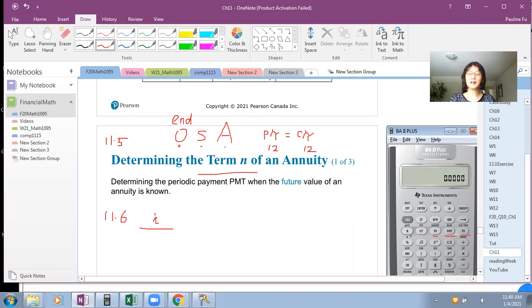In this lecture, we'll calculate term N and periodic interest I. Remember, out of these 5 buttons on your calculator, term N, interest IY, present value PV, payment PMT, future value FV, you need to enter 4 numbers in order to get the 5th number. Okay, total 5 numbers. When you enter 4 numbers, you can figure out the 5th number.